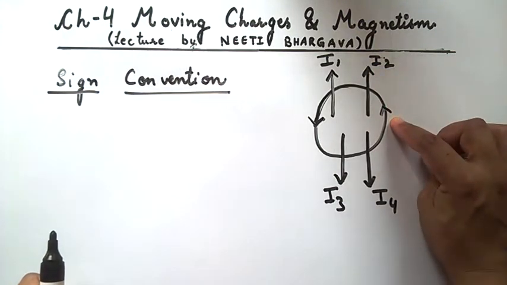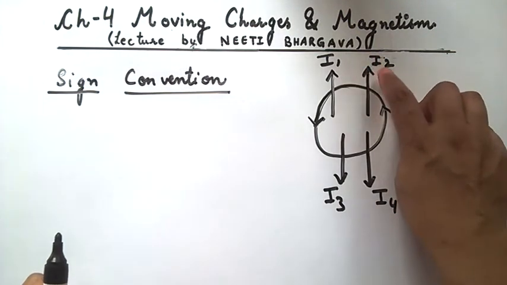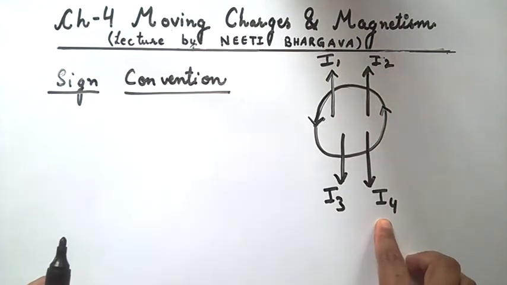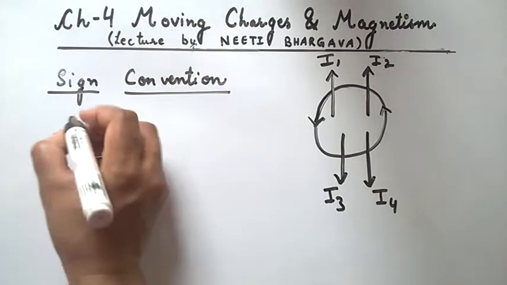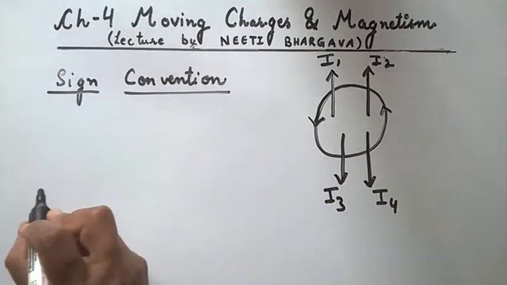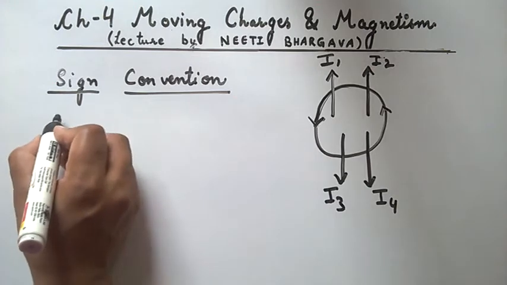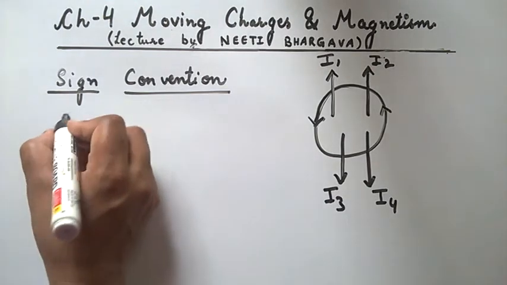In this direction, I1 and I2 are considered positive and I3 and I4 are negative when B dot dl is anticlockwise.